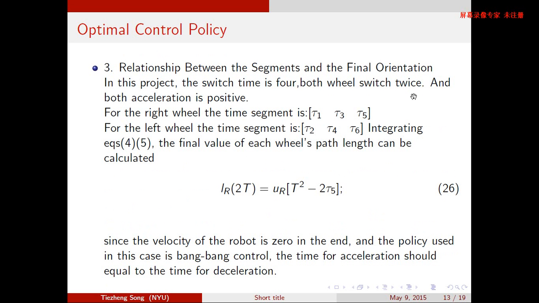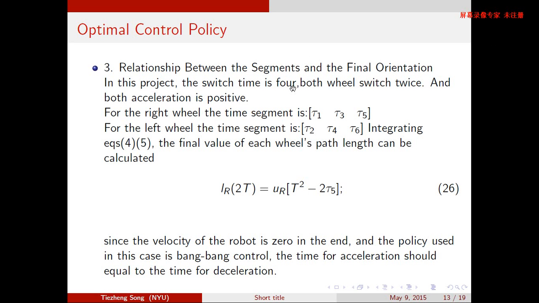Now let's talk about the relationship between the time segments and the final orientation. In this project, I assume the switch time is the same for both whales. The control policies on both whales switch twice, and the direction of the initial acceleration is positive.